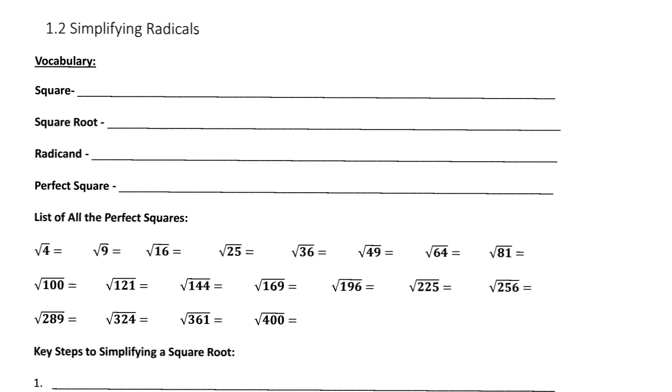All right, so let's talk about some basic vocabulary about radicals. Radicals are anything to do with roots and things. So a square. Let's talk about a square number first. A square number is a number that multiplies by itself.